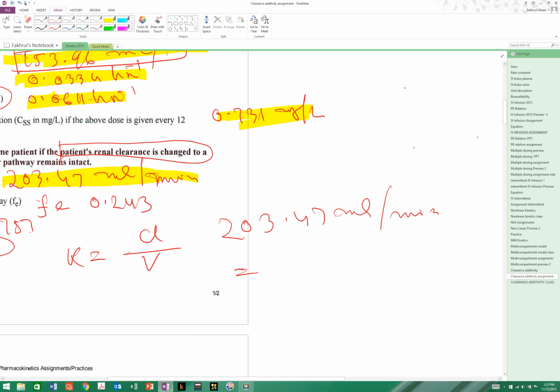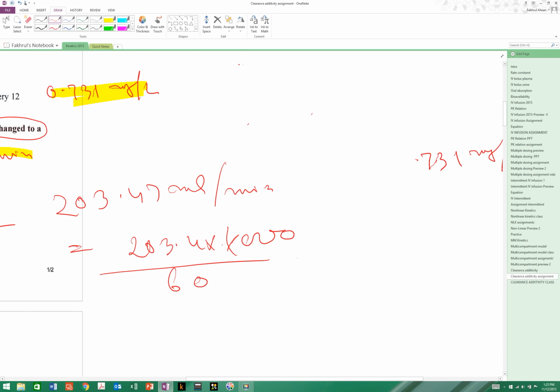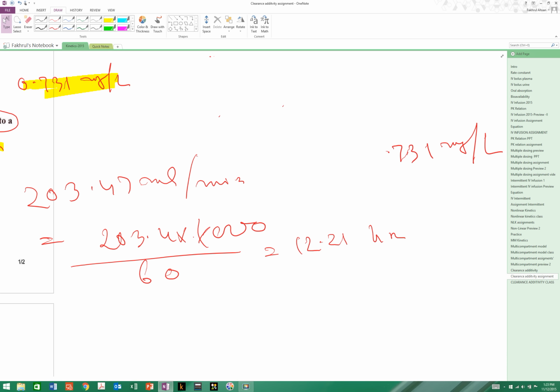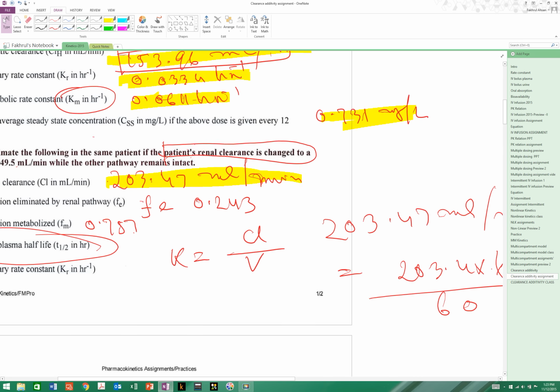If you convert it, 203.47 times 1000 divided by 60, this is going to give you 12.21 liter per hour.